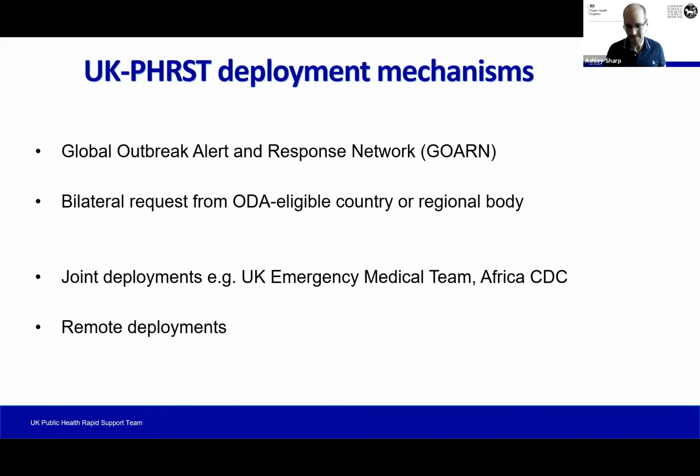And you've seen this slide from Dan. In a nutshell, this is the cross-government notification and approval mechanism, developed by our founders to have a streamlined process so we can rapidly deploy, but also make sure all the right people are involved and considered in the discussion. There's early warning and then a formal request, either through GOARN or a partner.